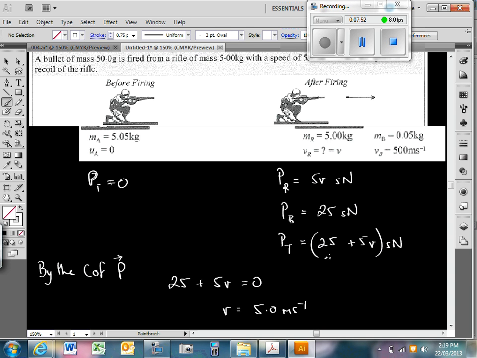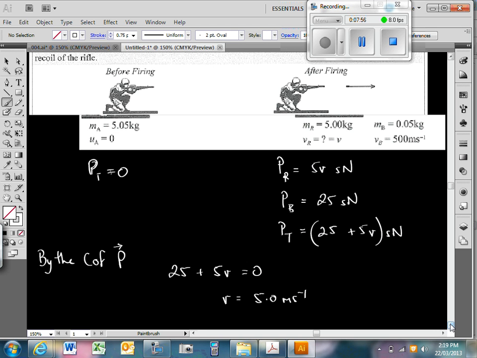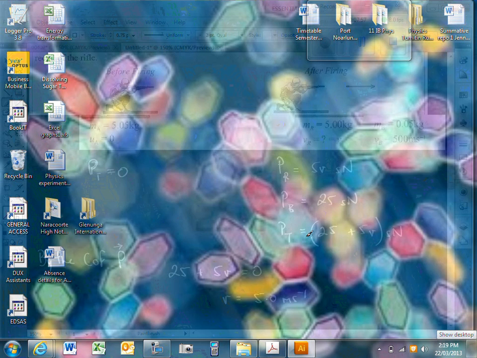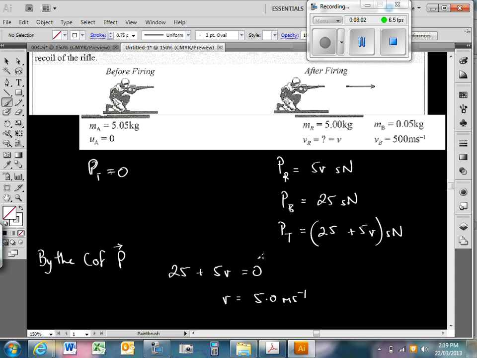Velocity is 5 meters per second. Oh, sorry, 5v equals. I've jumped a step in here, and it's got me unstuck. Be very careful with that. 5v equals minus 25, of course. So v equals minus 5.